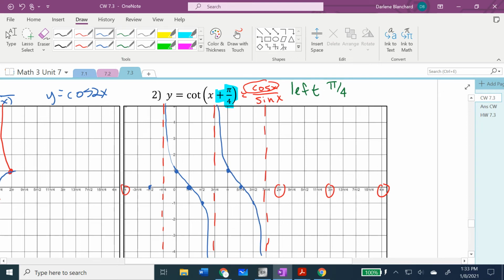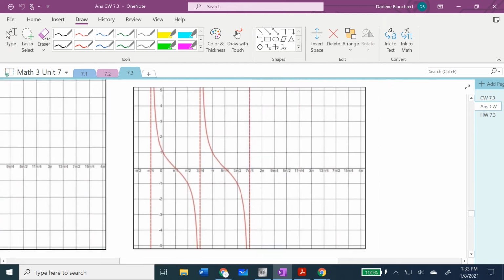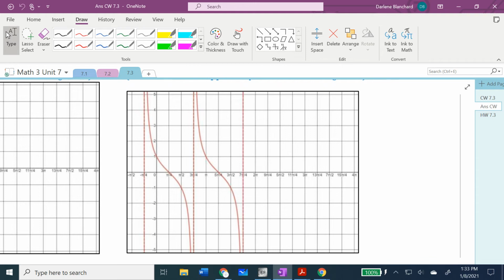And then I'll show you a picture where it is graphed by a graphing calculator, or Desmos actually. All right, now in your homework, you're going to graph these.